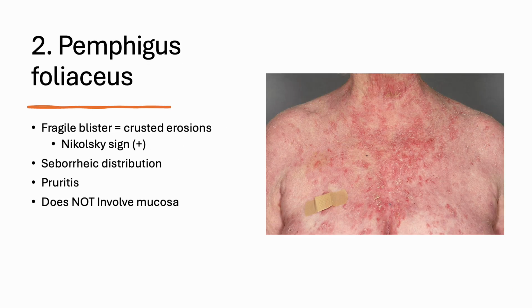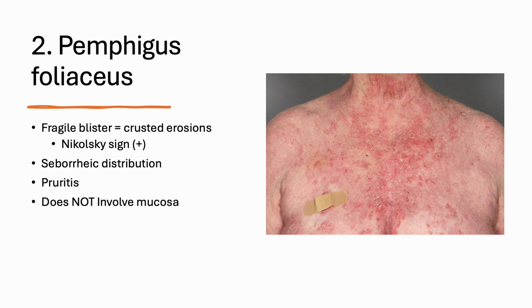Next disorder is pemphigus foliaceus. It is the sibling of pemphigus vulgaris. Foliaceus means falling leaves. Vulgaris means common or regular, just like acne vulgaris. So for pemphigus foliaceus, the clinical presentation is slightly different from pemphigus vulgaris. Instead of big erosions and flaccid bullae, the blister is even more fragile, leaving only erosions which are crusted.